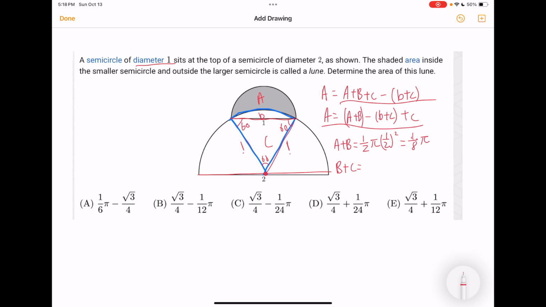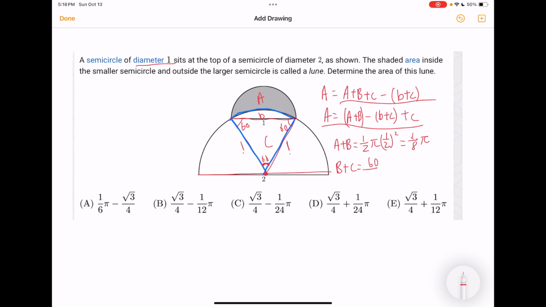Well, if this is 60, B plus C is just a part of a whole circle. It's a sector. So we can find out the area of the whole large circle, and then this tiny part, B plus C, is just 60 degrees over the whole circle, which is 360.